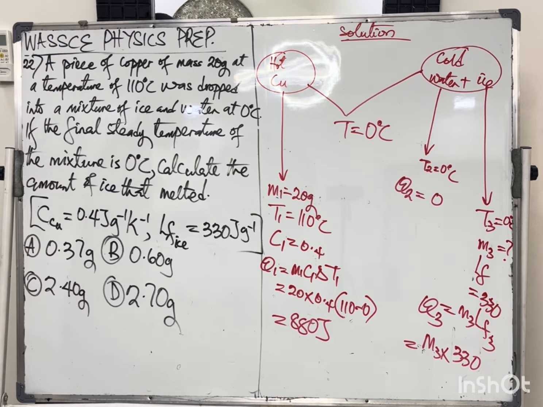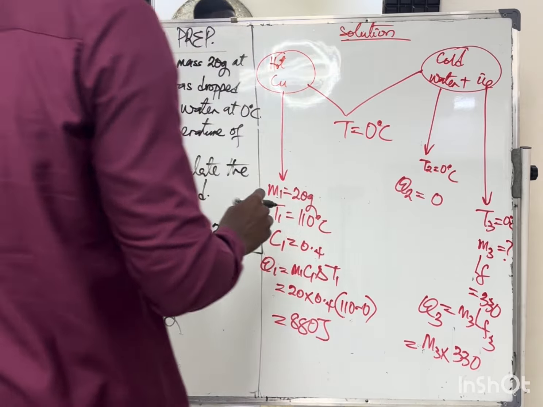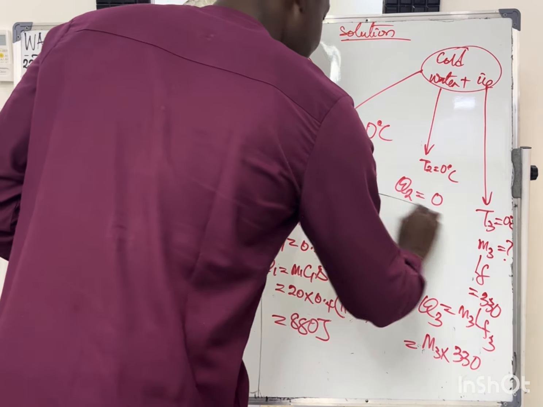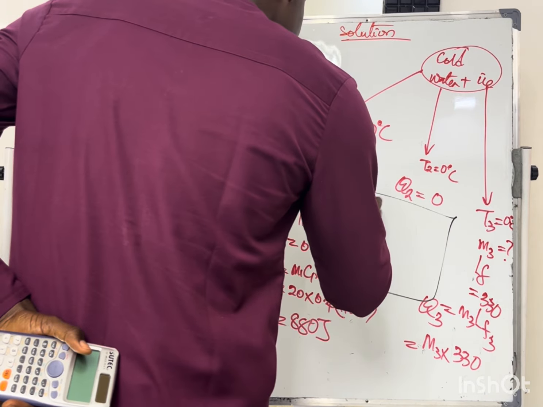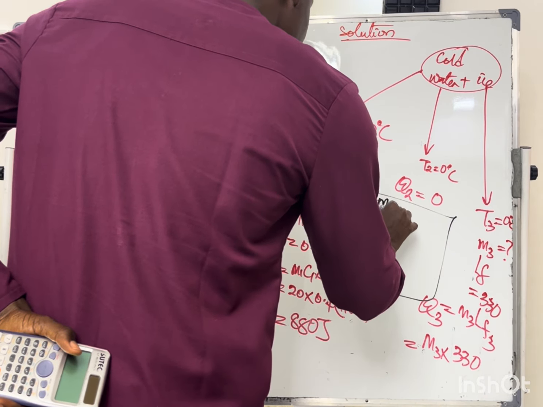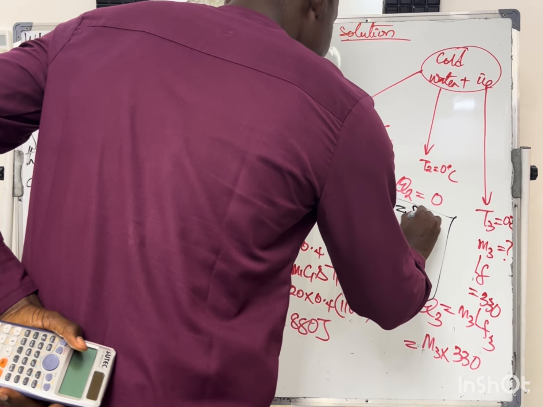So in the end, we can come to conclude, according to the principle of conservation of heat energy, that finally we'll have 330 M3 equal to 880.